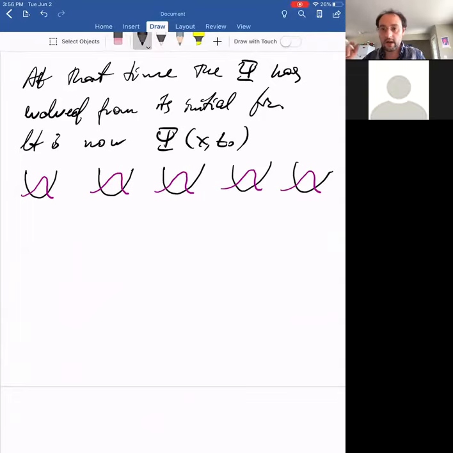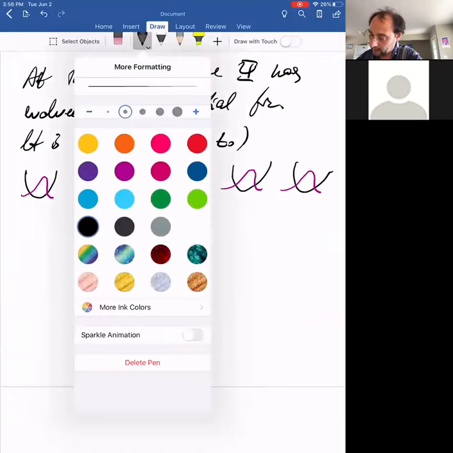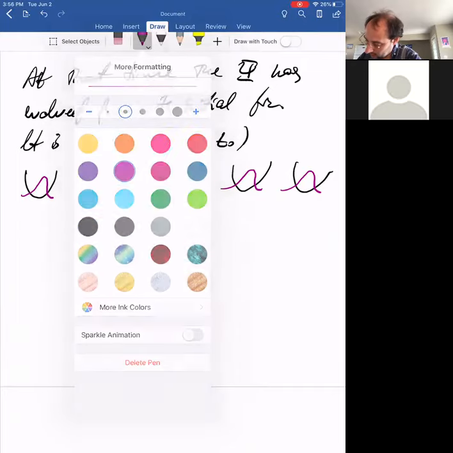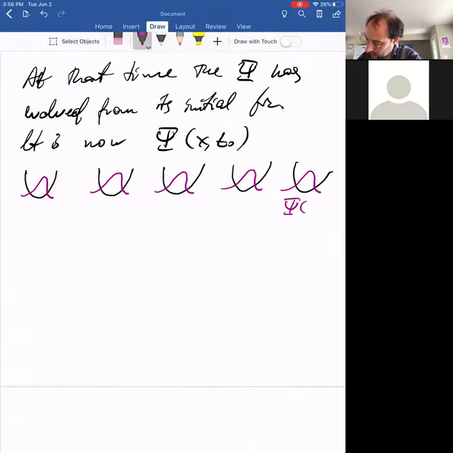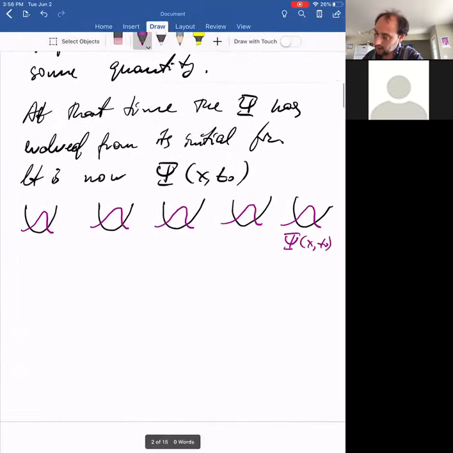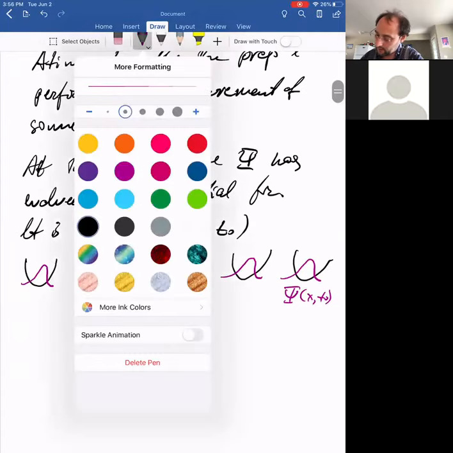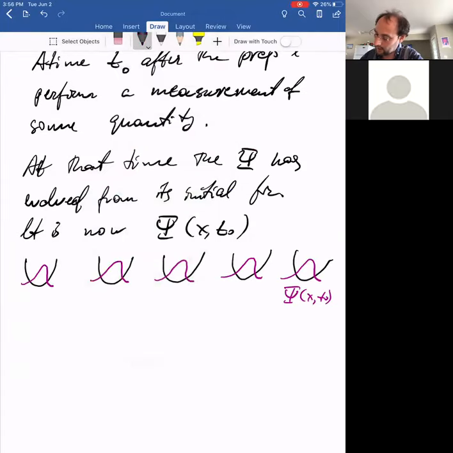Right before I perform the position measurement, the wave function will be this, okay?